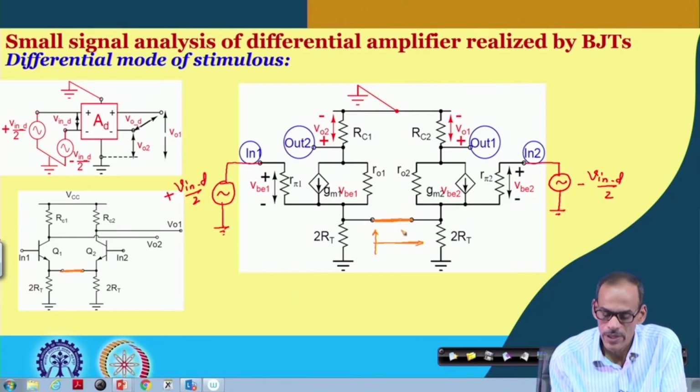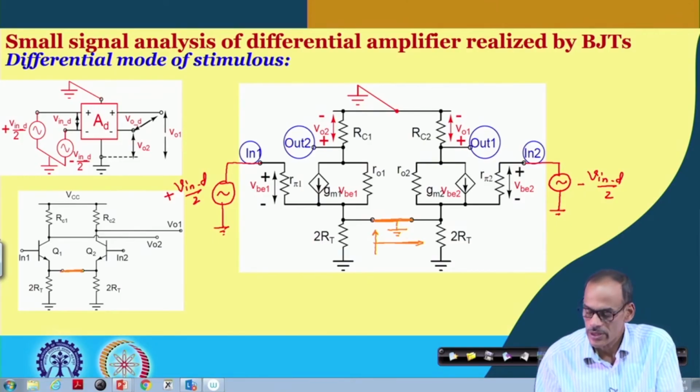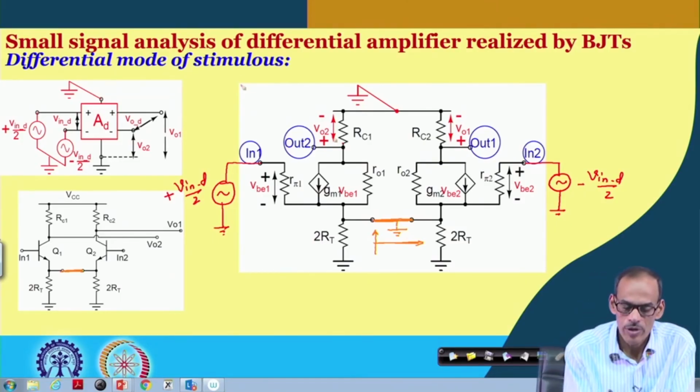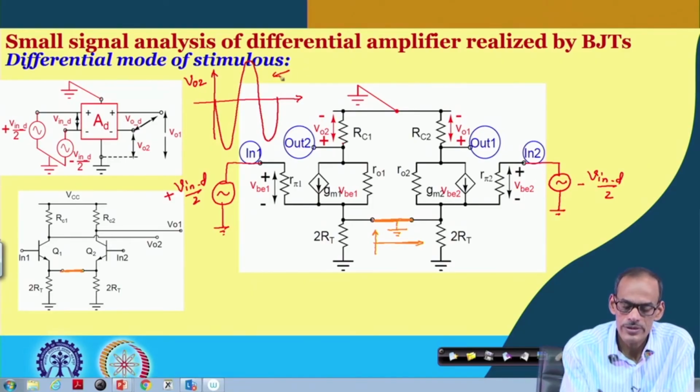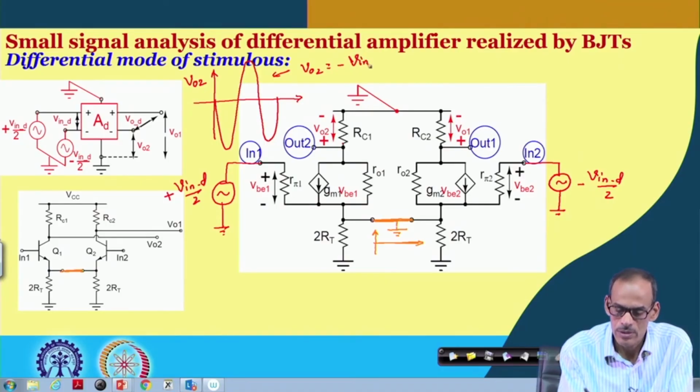That means this is AC ground. On the other hand, the signal coming at this point is the amplified one, but having opposite phase. So this is VO2, and this VO2 equals minus V in D by 2 into GM1 into RC1.